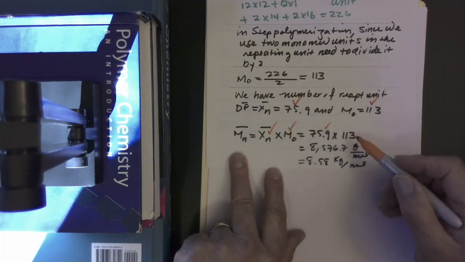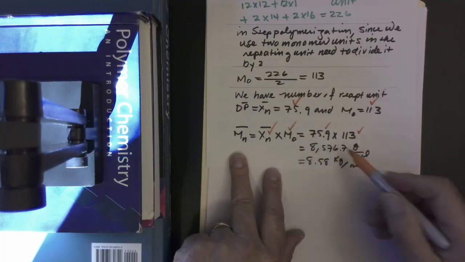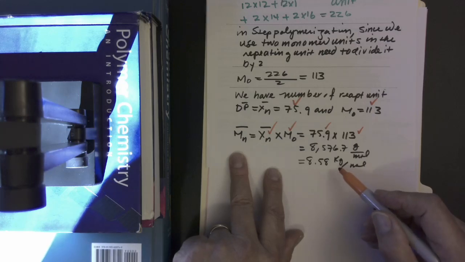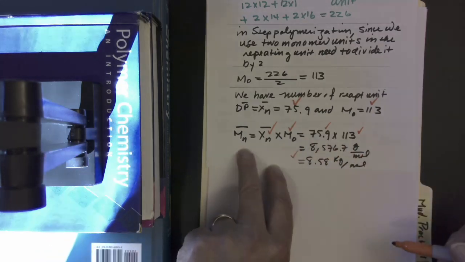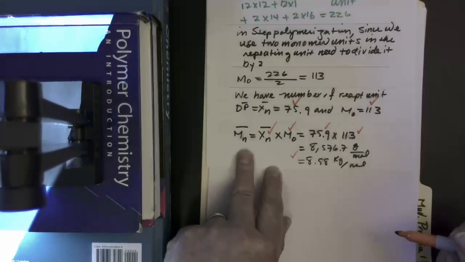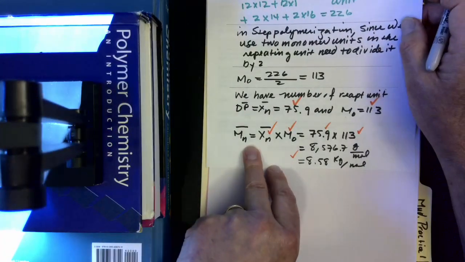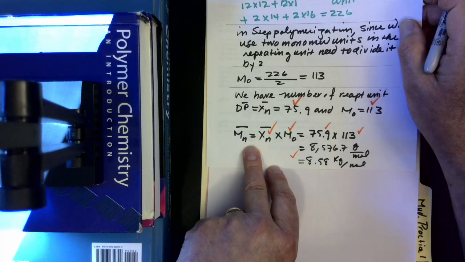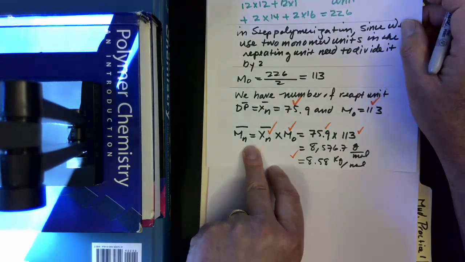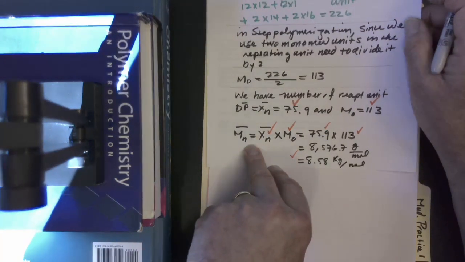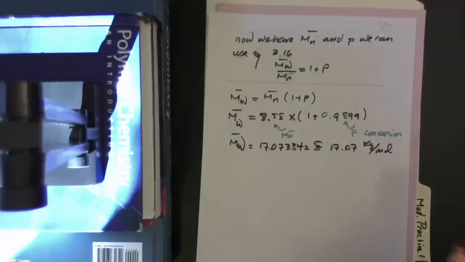We have 75.9 times 113. Again, rounded up, we have 8.58 kilograms per mole for Mn. Remember, Mn hat is the average. So how about Mw? We also want to measure the Mw for this polymer.